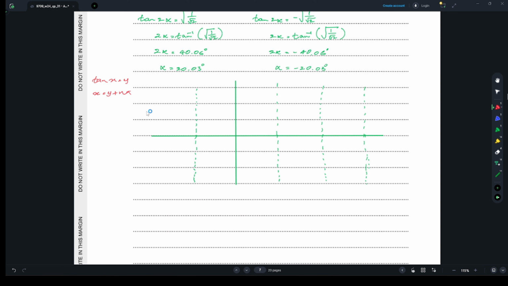This is what they don't teach you, and don't use that one. This is just for your general knowledge. What you have to do is just find one answer.